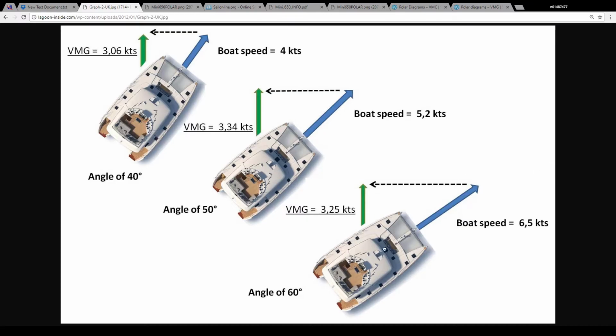So which is the optimum here? Well, in this case, it's an angle of 50 because this gives us our best VMG. And the same applies whether you're in a race or cruising around: when you're looking at a truly upwind or downwind path, you want the best VMG.